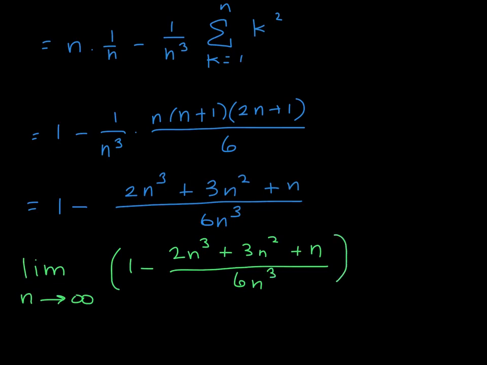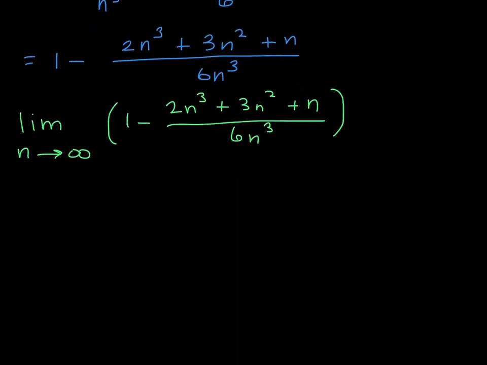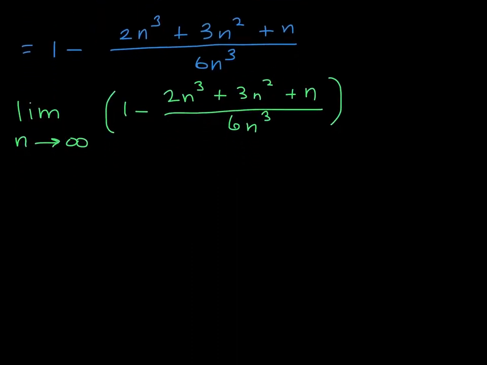Okay, so what is this? So the sum will be, let's see, this is just a constant, so this is just 1, minus, remember how to evaluate the limit. Let's divide each term by the largest power of the variable in the denominator, which is n cubed. So we did something like this.